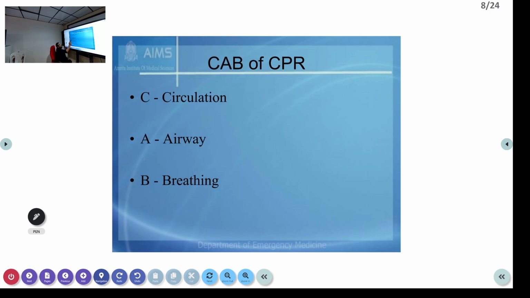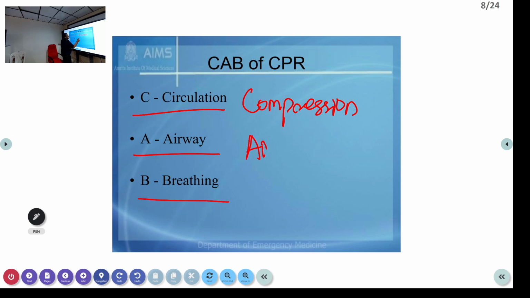So CAB, previously it was ABC, now it is CAB. So the priority number 1 is circulation, then airway and breathing. So the first most important thing you have to concentrate on is compression. Then only comes the airway, maintaining the airway, and then only the third one will be breathing. So it is the CAB of CPR.